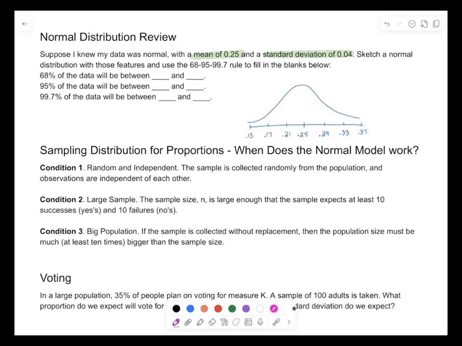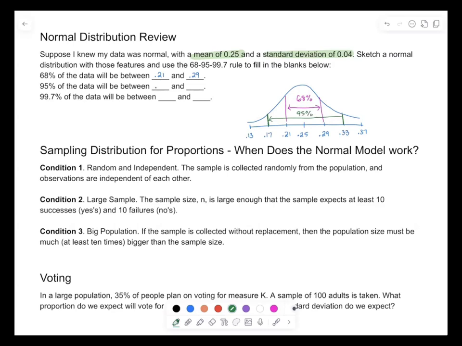So remember, 68% of the data lies between the mean minus 1 standard deviation and the mean plus 1 standard deviation. So I can say that 68% of the data will be between 0.21 and 0.29. Then if I go out 2 standard deviations on either side, I get 95% of the data.